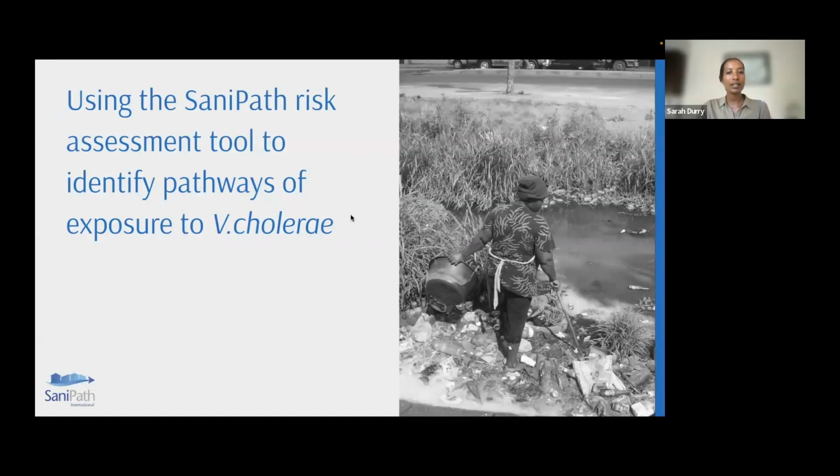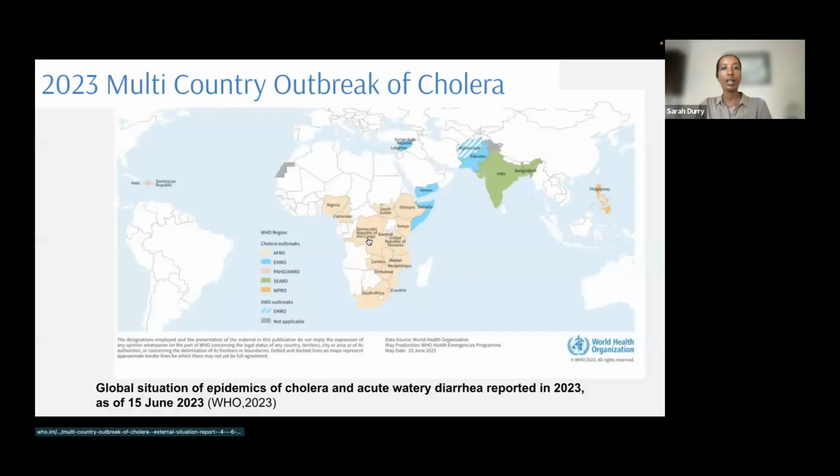So in the next case studies I'll share, they'll be in the context of cholera and how we've used the SaniPath risk assessment tool to identify pathways of exposure to Vibrio cholerae. As I'm sure many of you know, there's been a pretty dramatic cholera outbreak happening in the last year. Since the beginning of the year, at least 24 countries have reported cholera cases around the world.